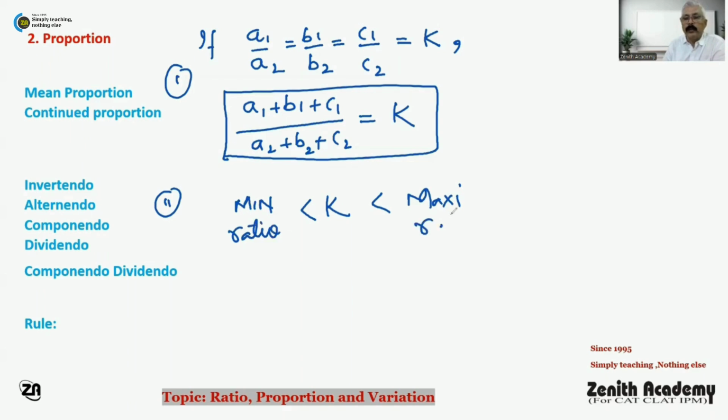So if these ratios are not equal to each other, then k will lie between the minimum ratio and the maximum ratio. So this is also a very important concept. Understand it.